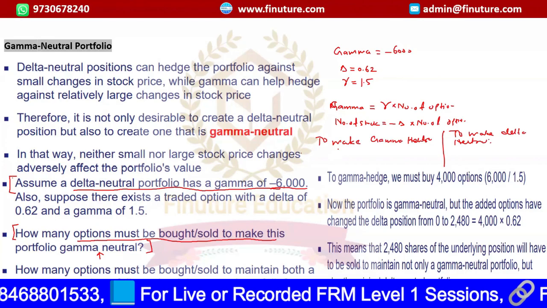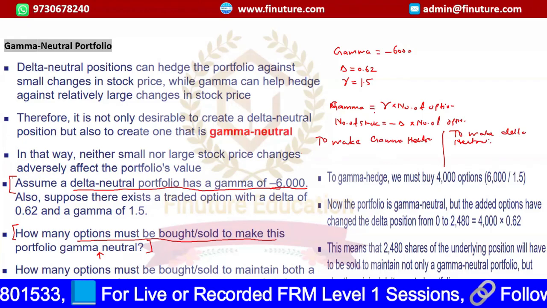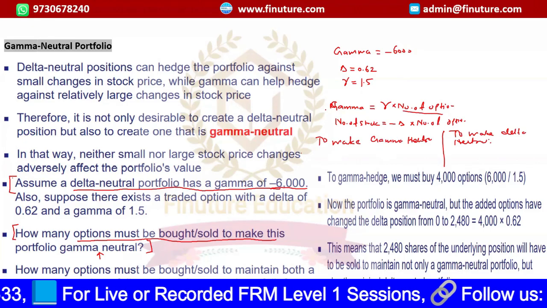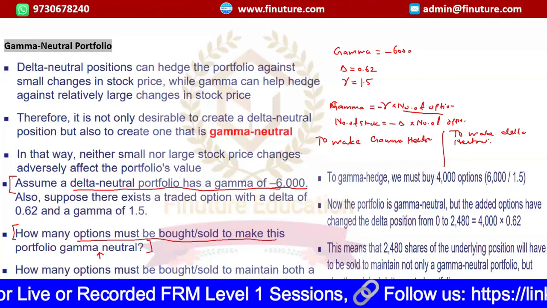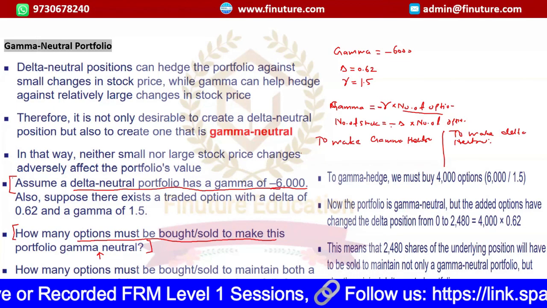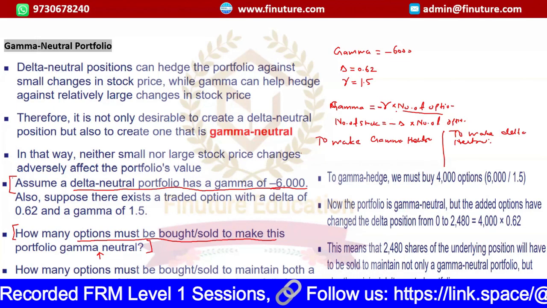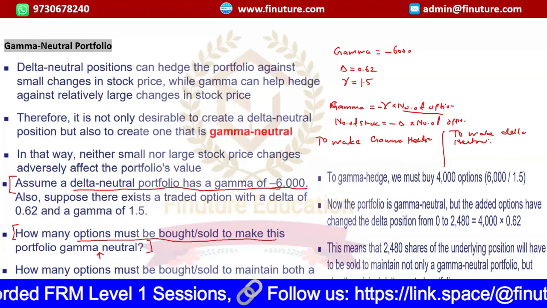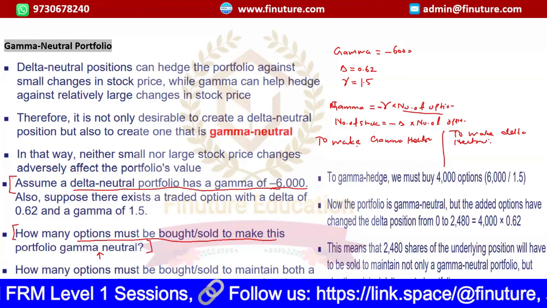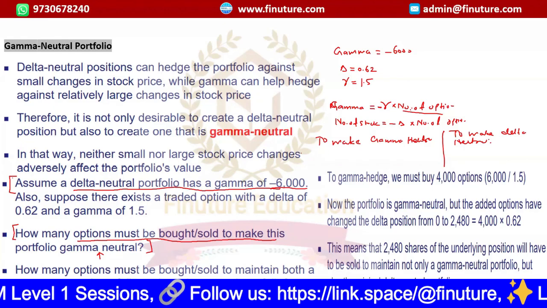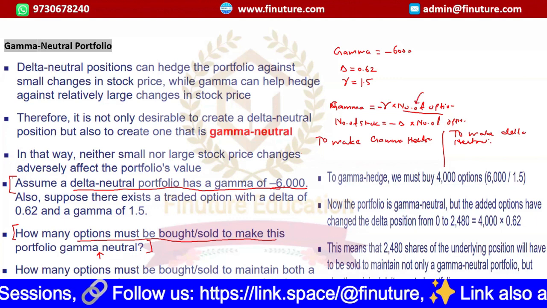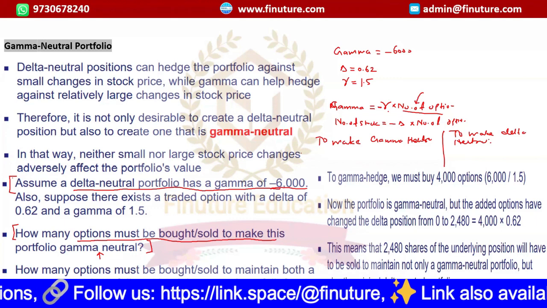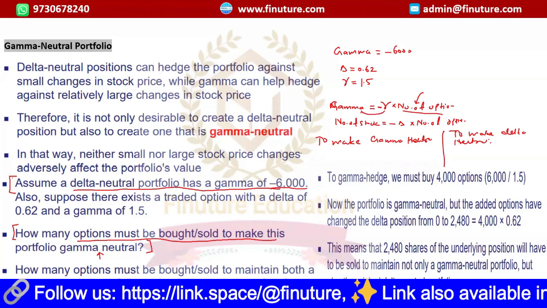To make the position gamma neutral, the gamma is equal to minus of delta into number of options. So if I were to find the number of options required to make the position gamma neutral, I will bring this gamma into the denominator.